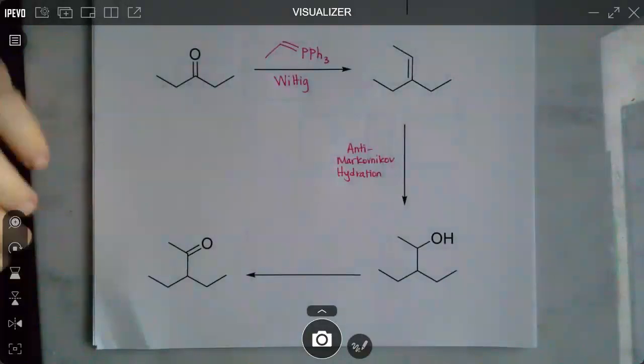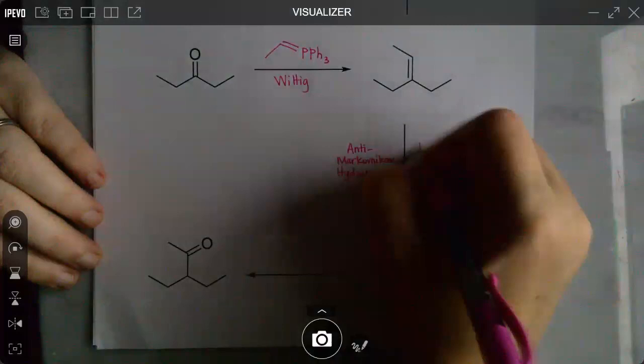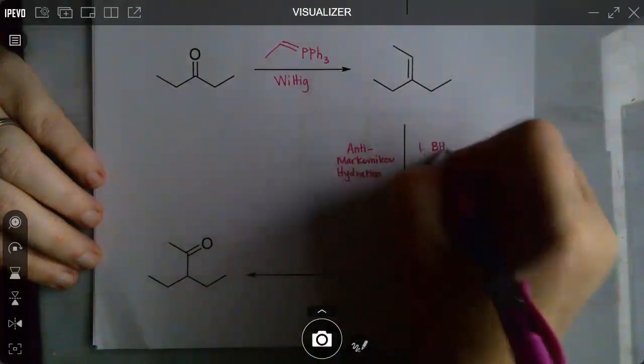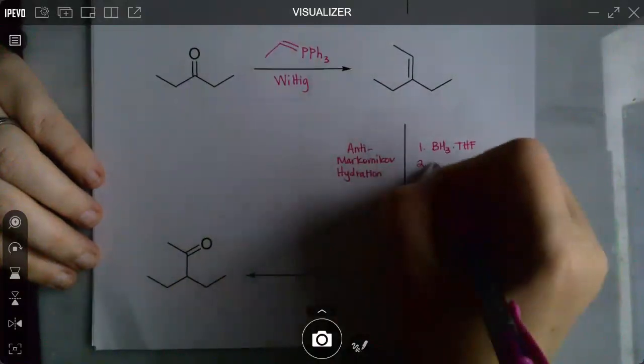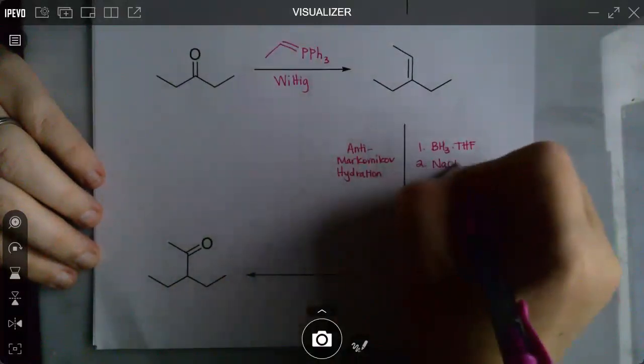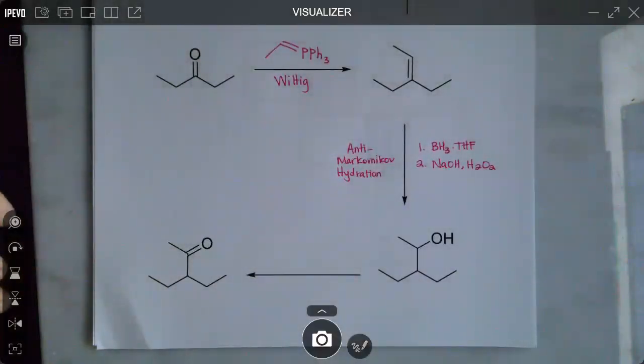And so we are going to use hydroboration oxidation. So BH3THF, then sodium hydroxide and hydrogen peroxide in the second step.